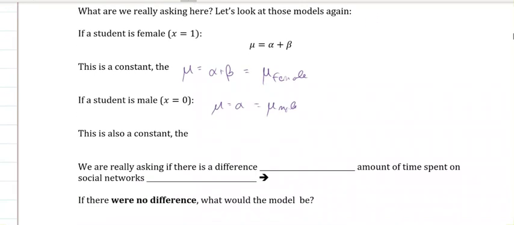So we want to know if there's a difference, mu female minus mu male, in the amount of time spent on the social networks. We want to know, is there a true difference in means?